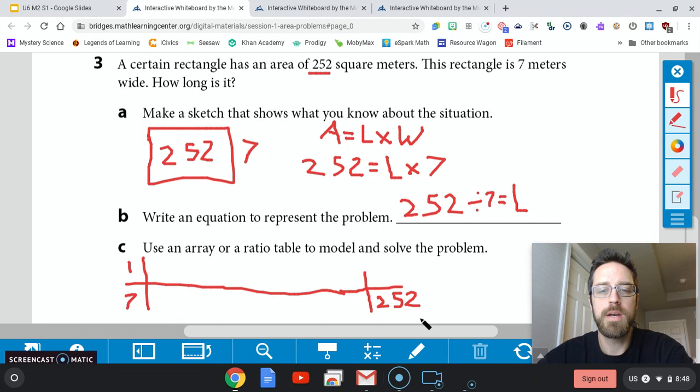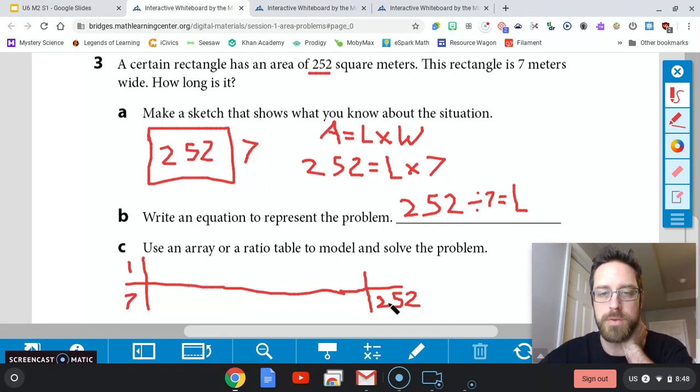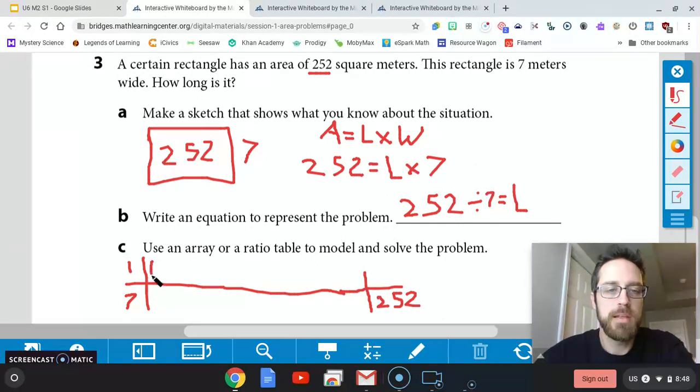All right, so now there's a couple things. You could look at this and think, hey, can a 7 go into 2? No. How many 7s go into 25 without going over? You would say, well, 7 times 3 is 21, 7 times 4 is 28, so that'd be 210. Or you could just make the logical jumps and start at 10. 1 times 10 is 10, 7 times 10 is 70.